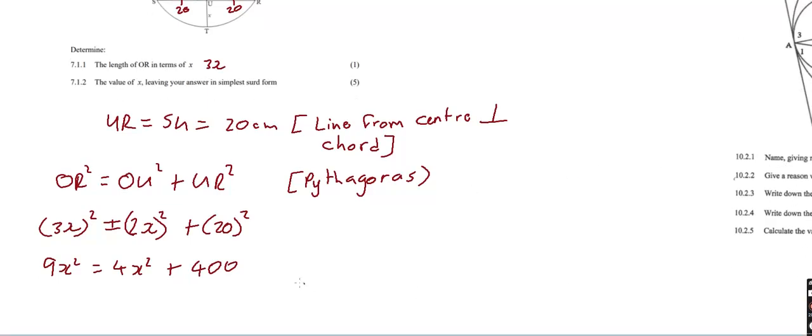Let's collect like terms. 4x squared to the other side gives us 5x squared is equal to 400. You can divide both sides by 5. So what are we given? X squared is equal to 400 divided by 5.